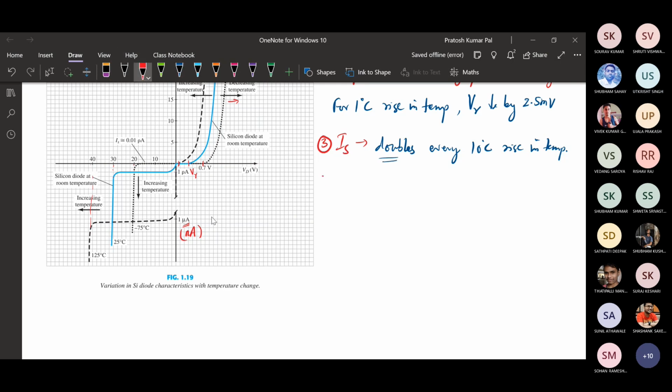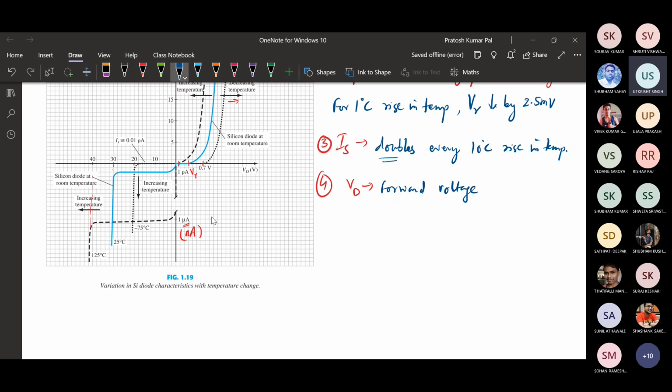Similarly, the next point that we can consider is VD, that is the diode voltage, or we also call it the forward voltage.